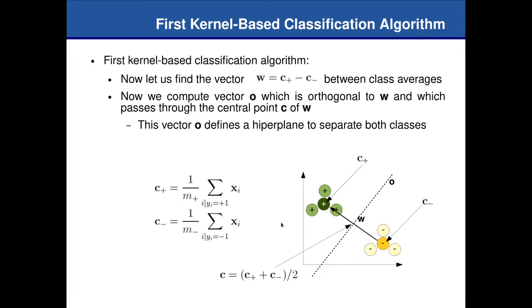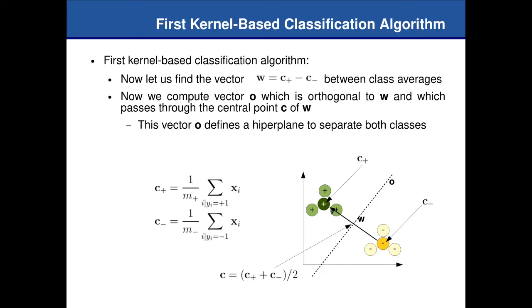Having one side, try at least to have on one side all positive elements and on the other side the negative elements. And the hyperplane is this guy named O over here, okay? This central point is of course C plus plus C minus divided by 2.